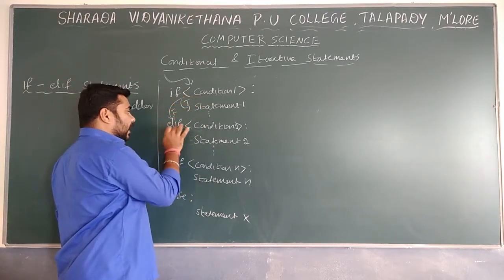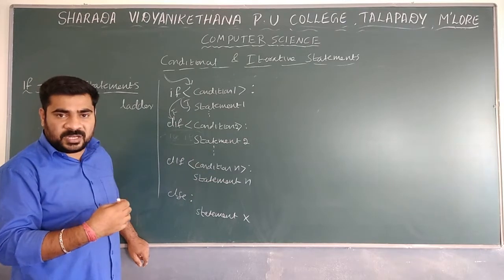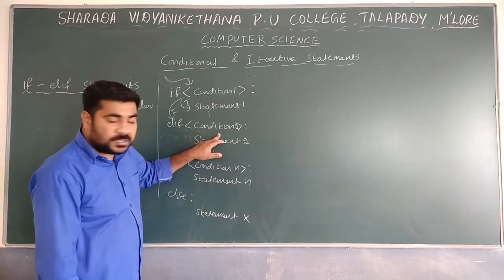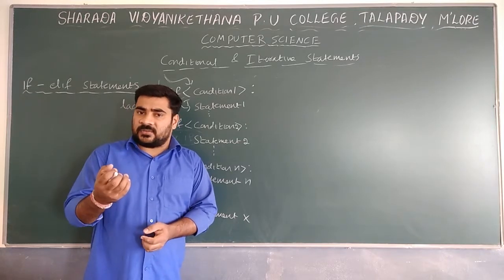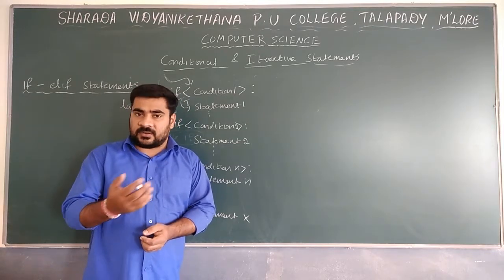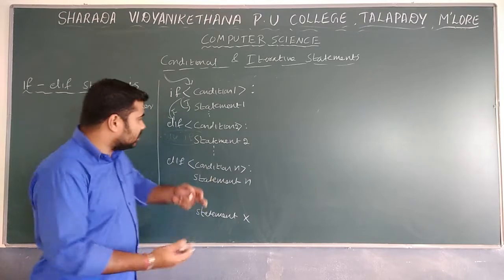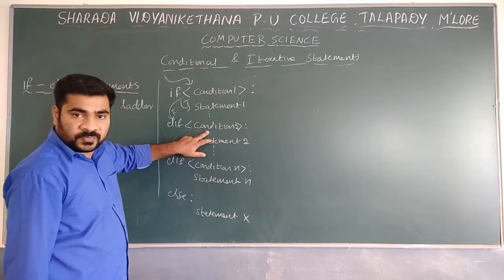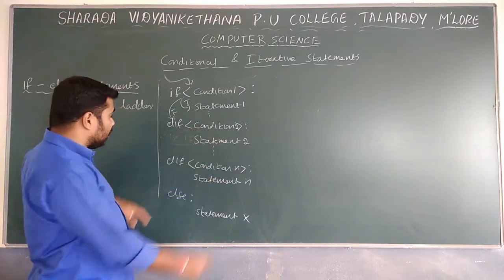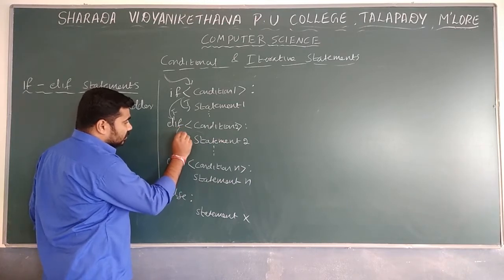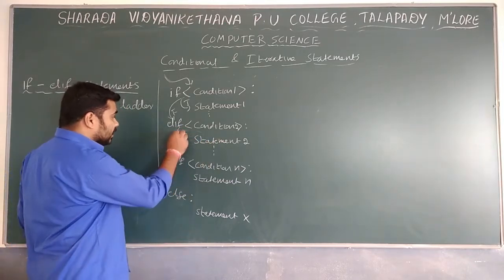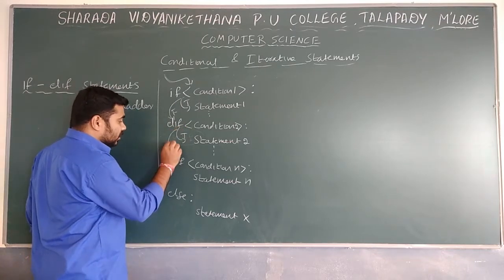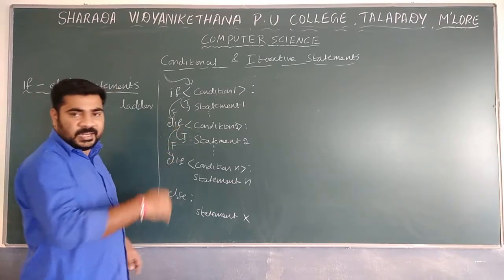Whenever condition 1 is false, it moves to the else part, but here the else has an if, which is going to check test condition 2. It's like a ladder. First, test condition 1 is evaluated. If it is true, it executes; otherwise, if it is false, it checks the next condition. If condition 2 is true, we execute statement 2. If condition 2 is false, we check one more else statement.